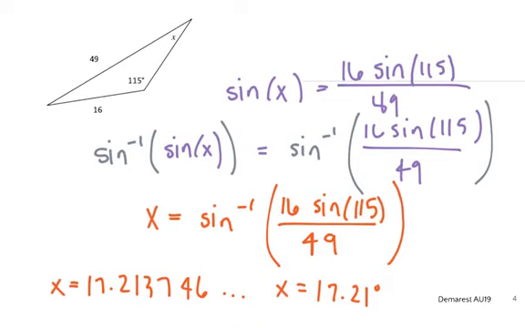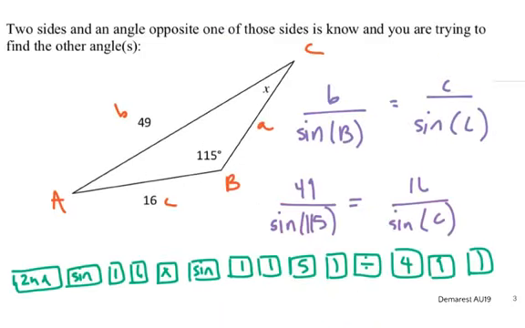Now, if you have a calculator similar to the calculator that we use in school, what you're going to want to type in and the order you're going to want to do it is you're going to hit second, then sine, and it will put sine inverse for you. So second sine will give you sine inverse, and it will start with a parenthesis. Then you'll hit 1, then 6, then the multiplication symbol.